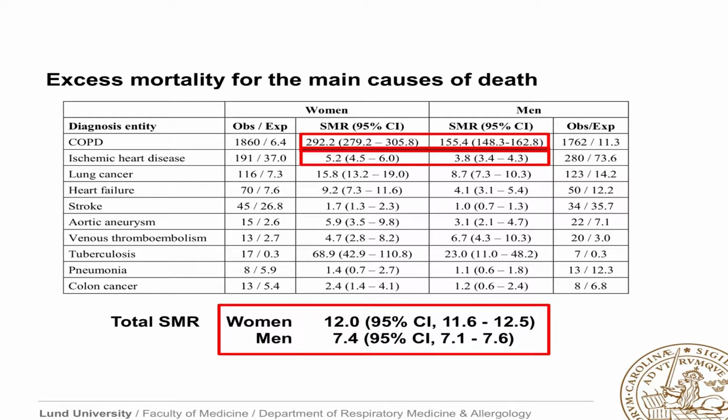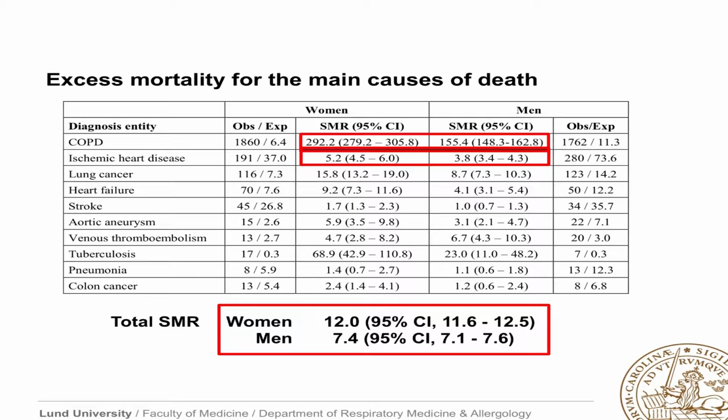We can then calculate the excess mortality as a standardized mortality rate, SMR, which is the observed number of deaths to the expected. And the expected is if we apply the population death rates per gender, year, and age to our material.